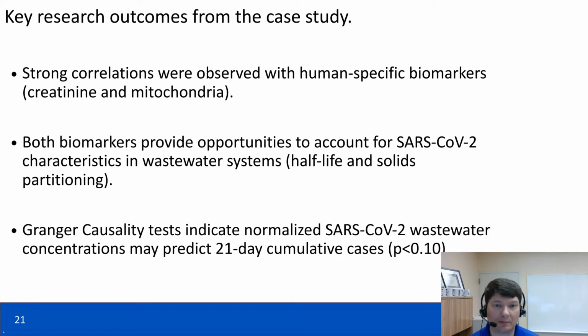Both biomarkers provide opportunities to account for SARS-CoV-2 characteristics in the wastewater system. Creatinine was selected because it has a similar half-life in collection systems as SARS-CoV-2. Mitochondria was selected because it represents that solids partitioning that SARS-CoV-2 might exhibit. And then Granger causality tests indicate normalized SARS-CoV-2 wastewater concentrations may predict 21-day cumulative cases.